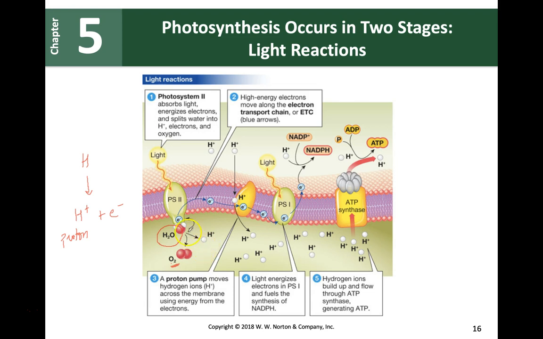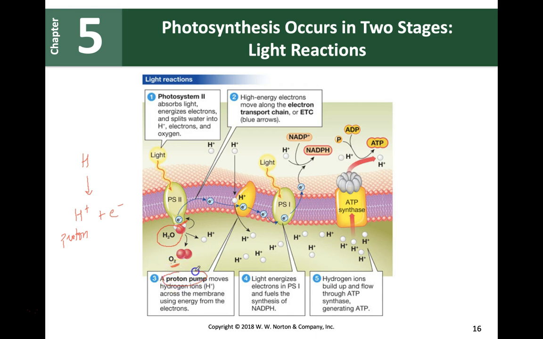Okay, and then the third interesting thing happening here is this electron that was made. This electron is considered a high energy electron. Now what happens to this electron? This electron actually passes through this membrane, to this membrane space. So it goes through this protein. Now this protein is actually special. What does this protein do? See, this protein is also called a proton pump.